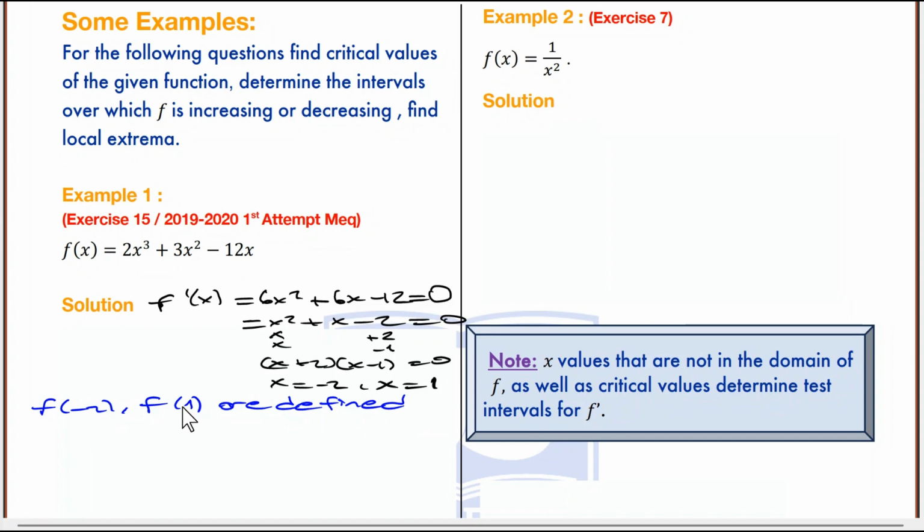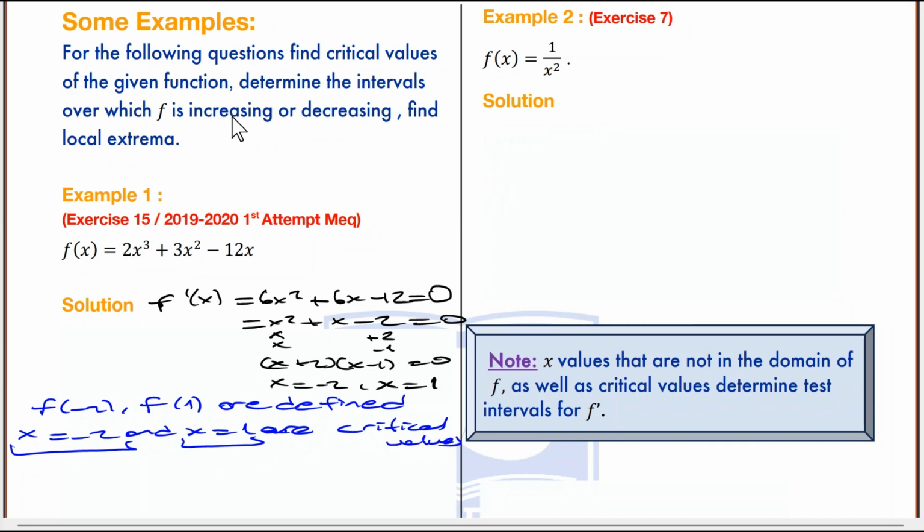We can also say that since the function is polynomial, no matter what number you insert, it's going to be defined. Then we can say x equals negative 2 and x equals 1 are critical values. So I answered the first part of the question. I got my critical values.